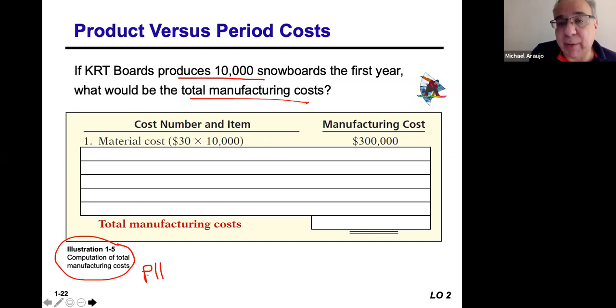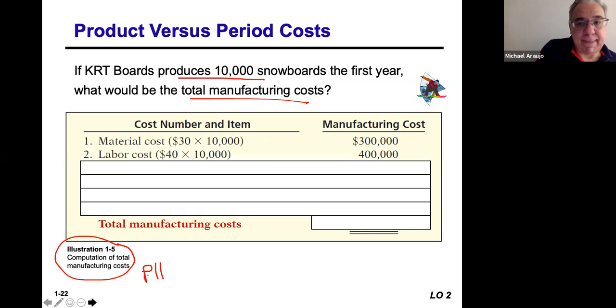Does everyone understand how we got that? Could you repeat, you said manufacturing costs are something plus something else? Oh yeah, the total manufacturing costs are going to be all your product costs plus your period costs together.